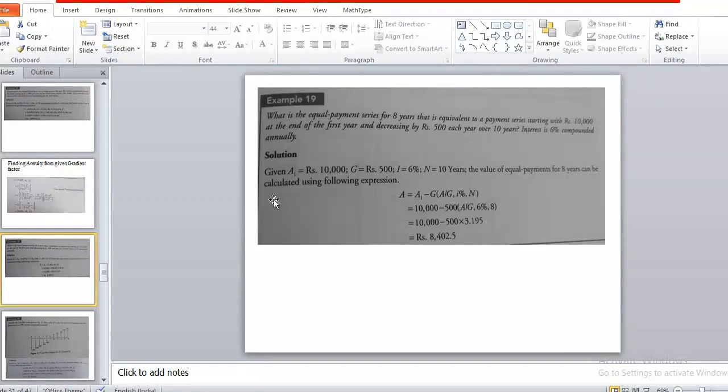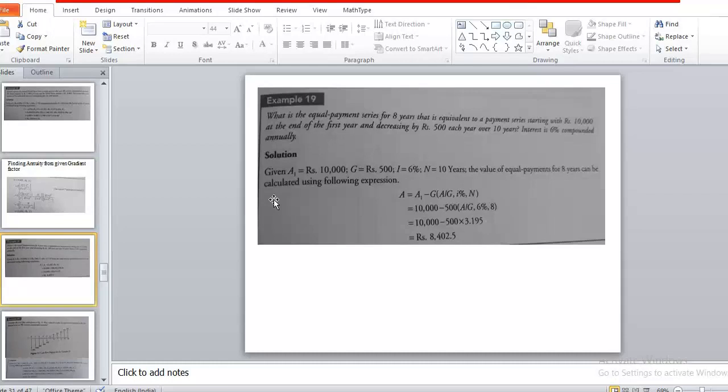So in this example, some amount is given, and we will receive it for 8 years, and that amount is 10,000.